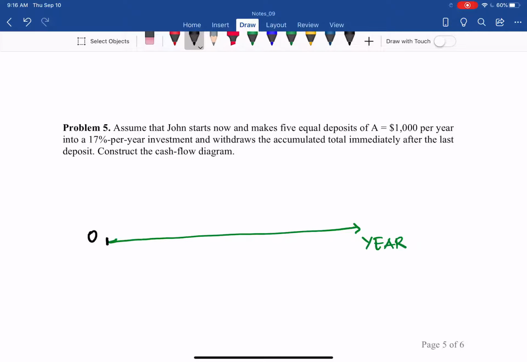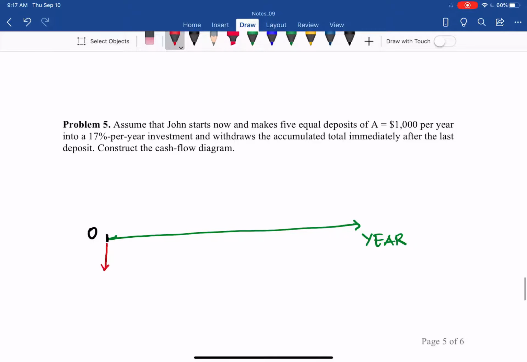In this case, from John's perspective, I deposit, which means I don't have that money in my pocket. It is out, and when it is out, it goes down on the diagram. So John starts now and makes 5 equal deposits. Start now, we have 1,000. That's the first one.